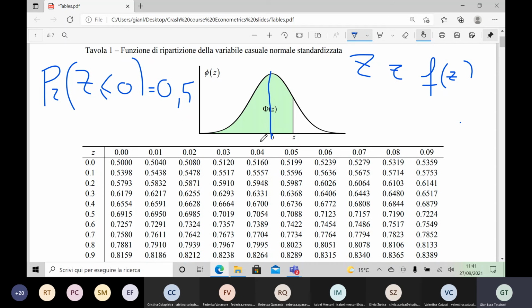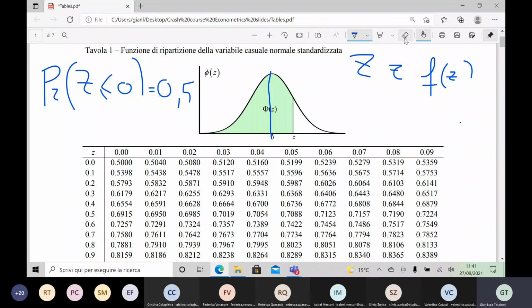Which is small zeta in this case? It is 0.01, which is the probability that a standard normal random variable will assume a value smaller than 0.01. It is a little bit bigger than 50%: 0.5040.